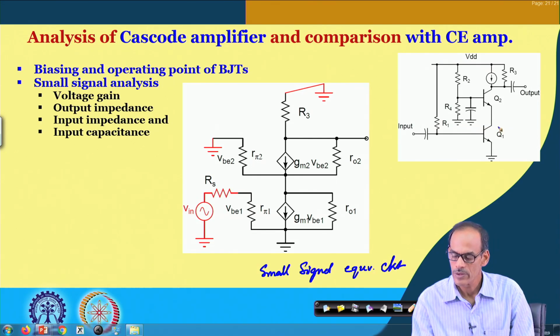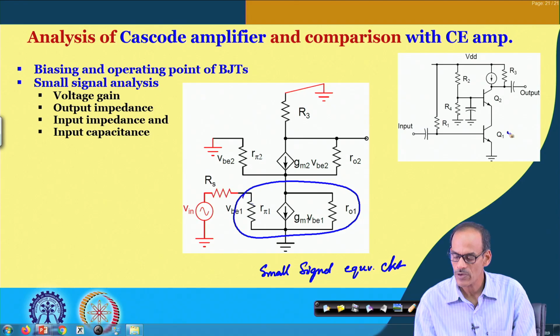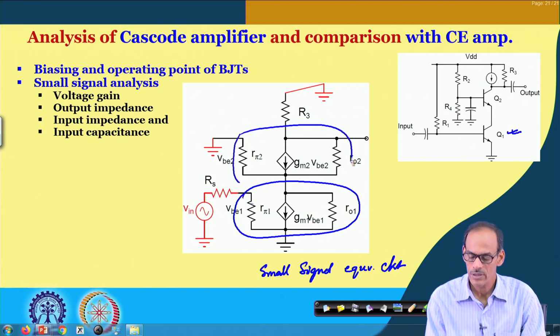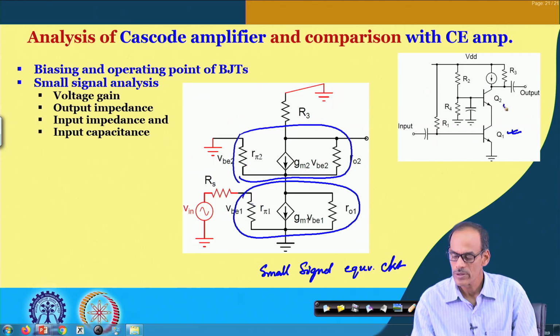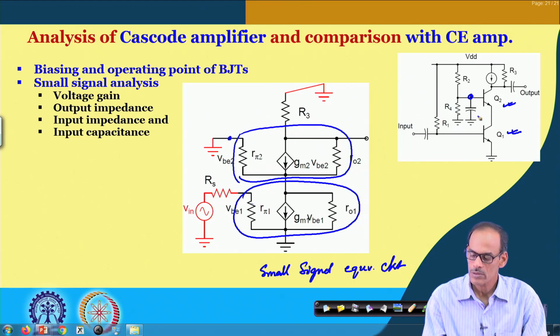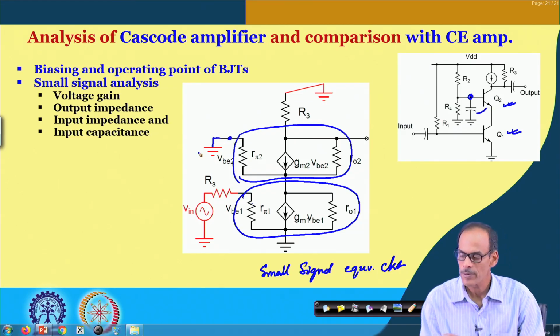We do have the small signal equivalent circuit model for Q1, and then we have the small signal model for Q2. The base node of Q2 is connected to ground through this capacitor, so we are saying that this is AC ground.